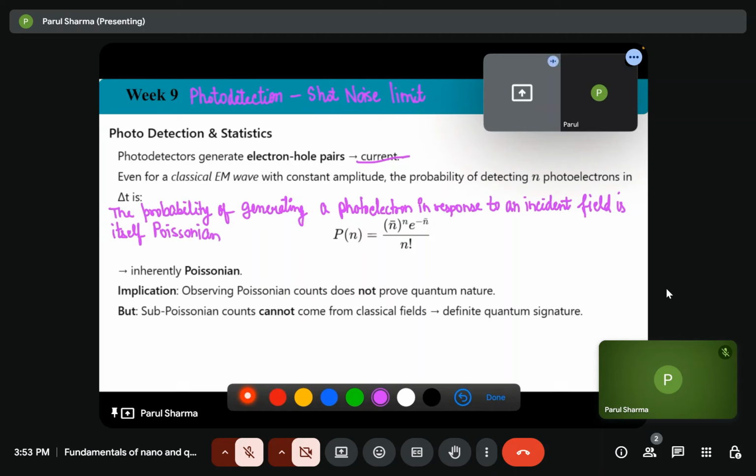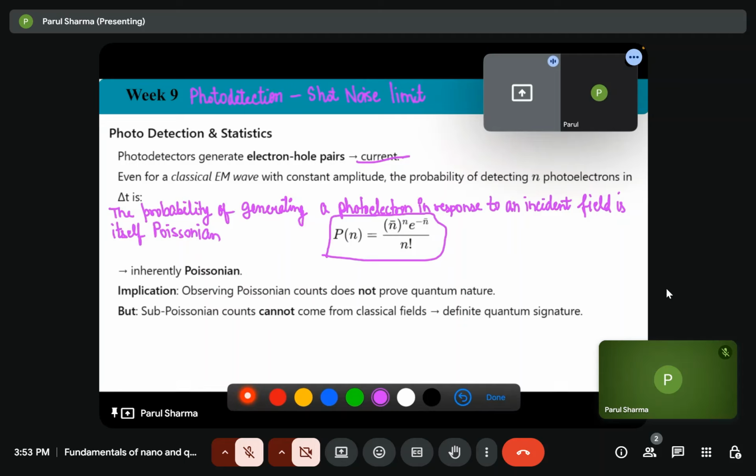So for a classical EM wave of constant amplitude, the probability of generating photoelectrons at a particular time is given by P_n equals n bar to the power n, exponential minus n bar, upon n factorial.